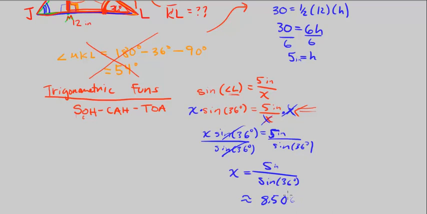So 8.507 inches is my approximation. This is side KL, approximately 8.507 inches. This ends CPM Precalculus Chapter 1, number 89.